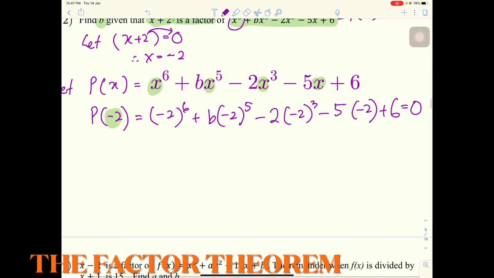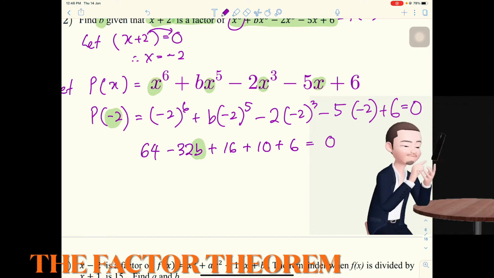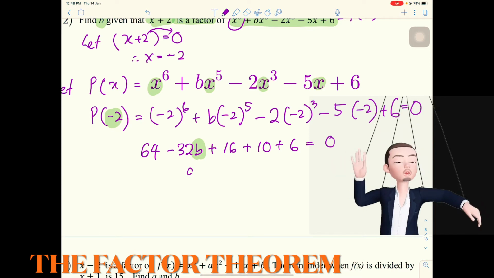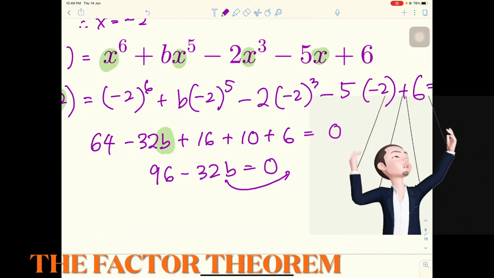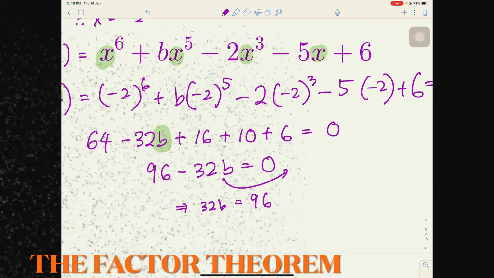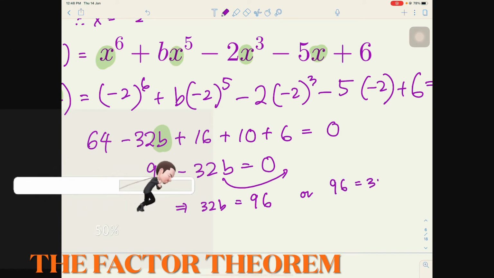Then by using the calculator, you will get 64 minus 32b plus 16 plus 10 plus 6 equals 0. Now you can see there is only one unknown, which is b, so you will get the answer for b. You will get 96 minus 32b equals 0, and then bring it to the right hand side, so you will get 32b equals 96, or you can write 96 equals 32b.